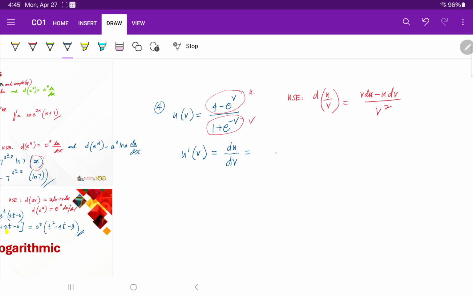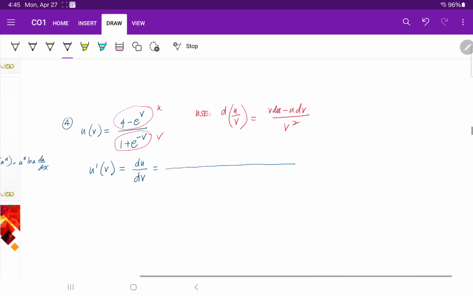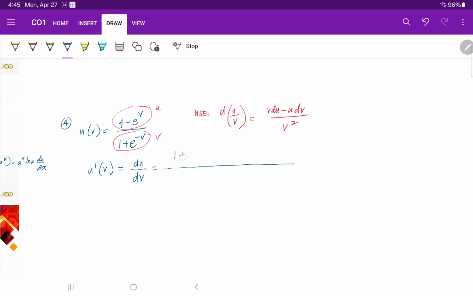So what's the derivative? We have v, which is 1 plus e to the negative v, times the derivative of 4 minus e to the v. So it's 0 minus the derivative of e to the v, which is e to the v times 1, since the derivative of e to the u is e to the u du dx.